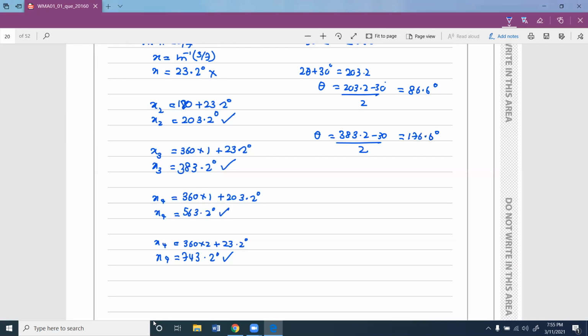Then the next angle theta is 563.2 minus 30, divided by 2. That is 266.6. Then the next one is 743.2 minus 30, divided by 2.